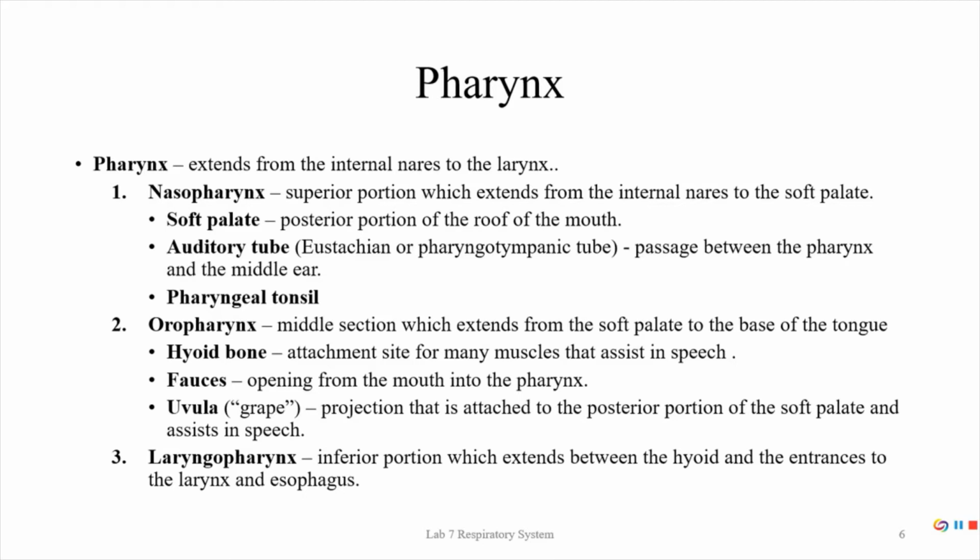Given that, it is the most superior part of your pharynx. We start here at the nasopharynx. The pharynx goes through what we'd say NOL, N-O-L, nasopharynx, oropharynx, laryngopharynx. That is up to down. That is superior to inferior.